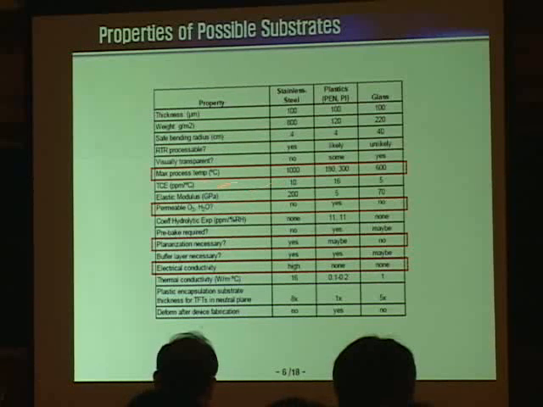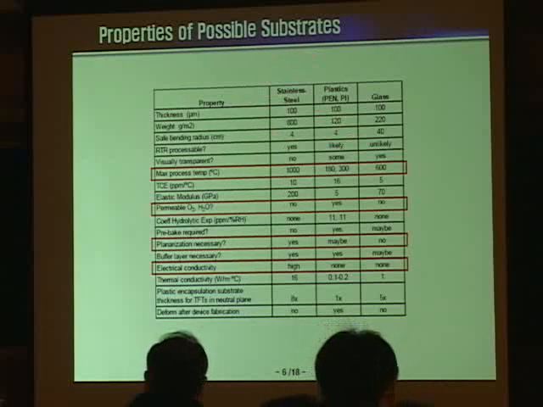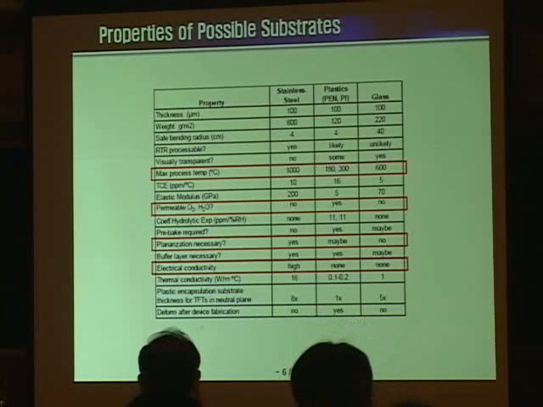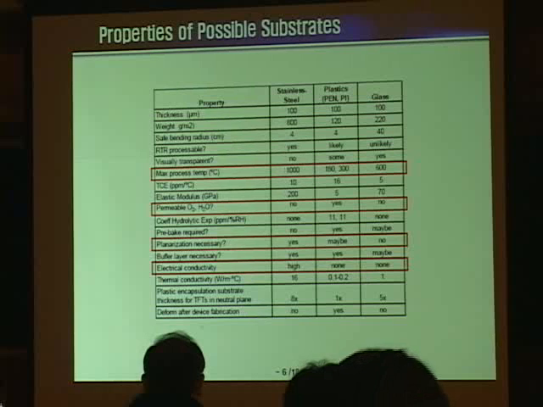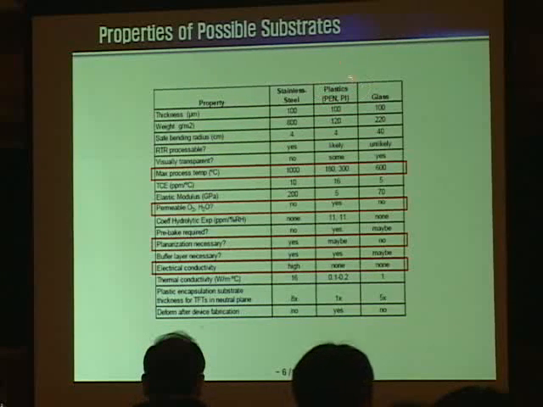So in terms of maximum process temperature, stainless steel is the best candidate. But in the case of metal foil, planarization is very difficult, and its high conductivity is also problematic for electronics purposes. So what about the plastic substrate?